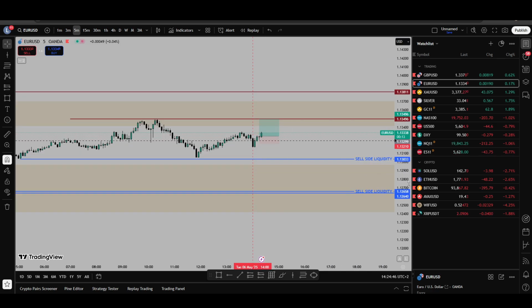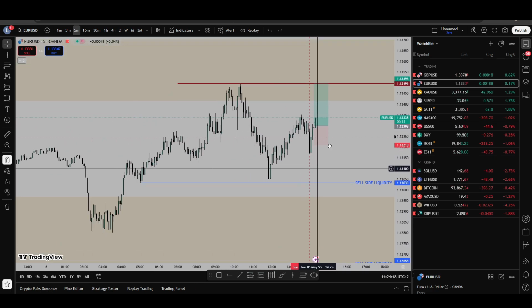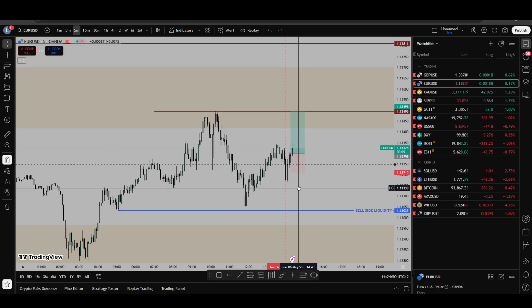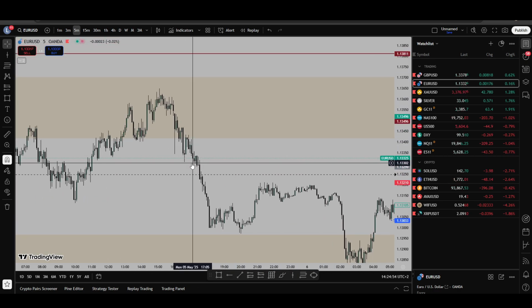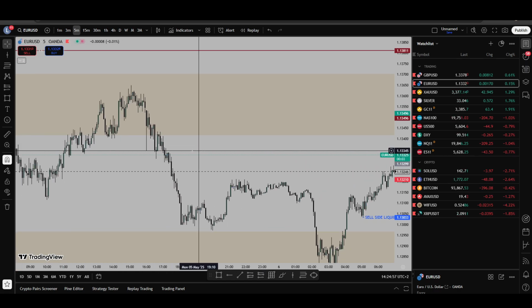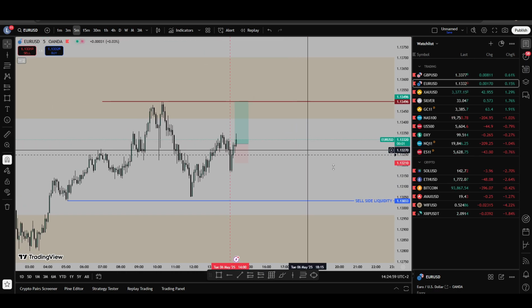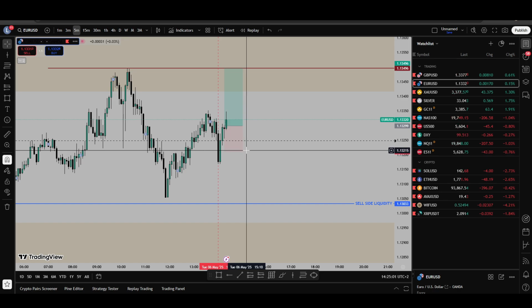I was pretty confident that we gonna move up, sweep London lows, tap into this high time frame PD array again, and then move lower, right?